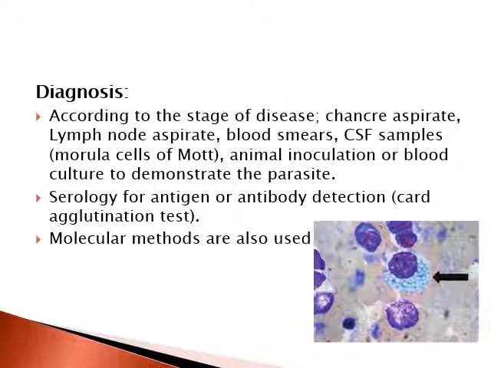In the cerebrospinal fluid, we'll have high cellularity. If we don't see the trypomastigotes, there is a characteristic finding, what we call the morula cell of Mott. The morula cell of Mott is pathognomonic and characteristic for trypanosomes in Africa.